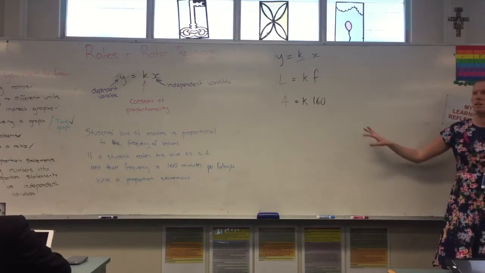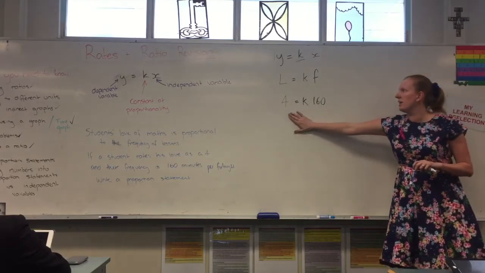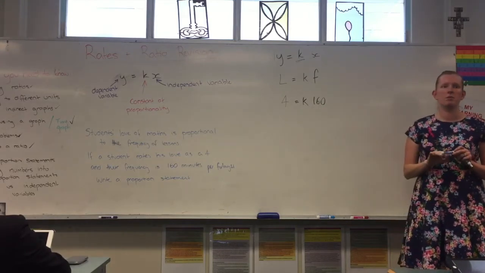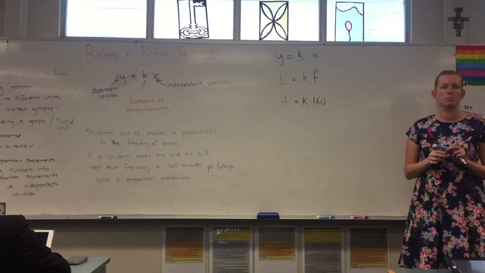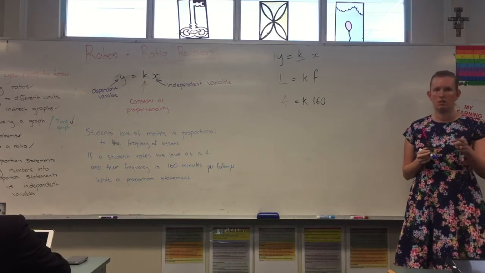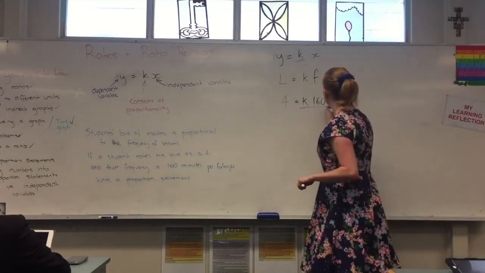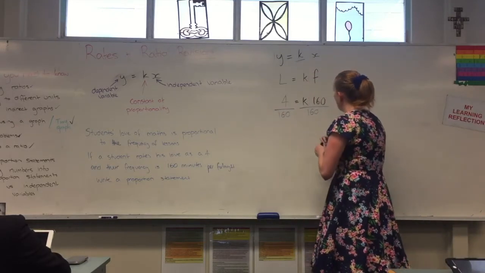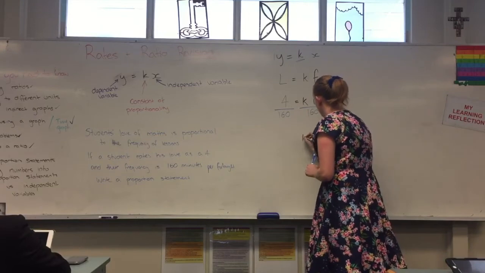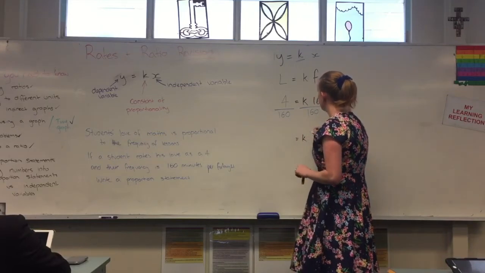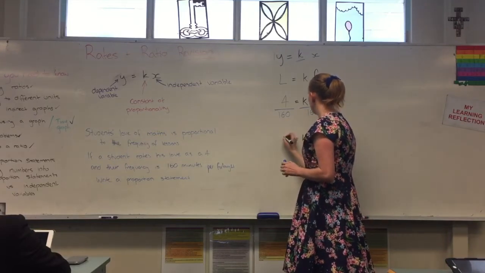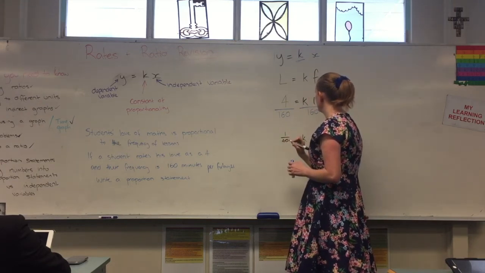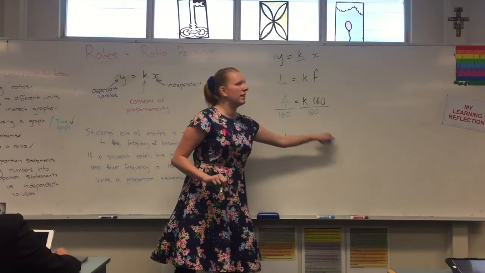Sorry, it's my terrible handwriting. How do I break k and 160 up? Yeah, I'm dividing. So I'm dividing by 160, and I'm dividing by 160. So k is going to be, let's see, k will be 1/40. Okay, now I figured out what K is.